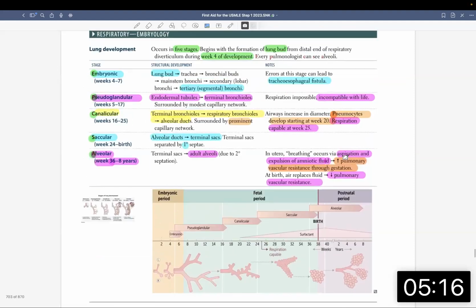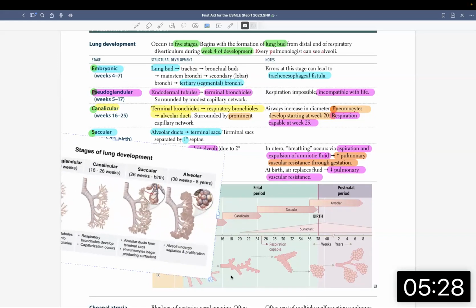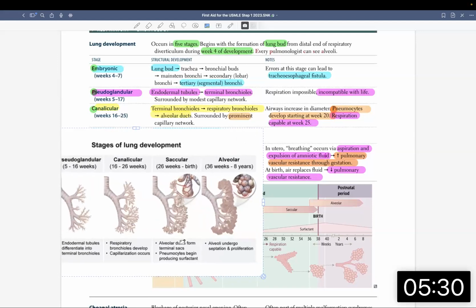Sorry, I have a question. Here, the question is where does surfactant production start, in canalicular or saccular? I think I would go with saccular. That's what UWorld has, because here they've said pneumocytes begin producing surfactant in the saccular phase.